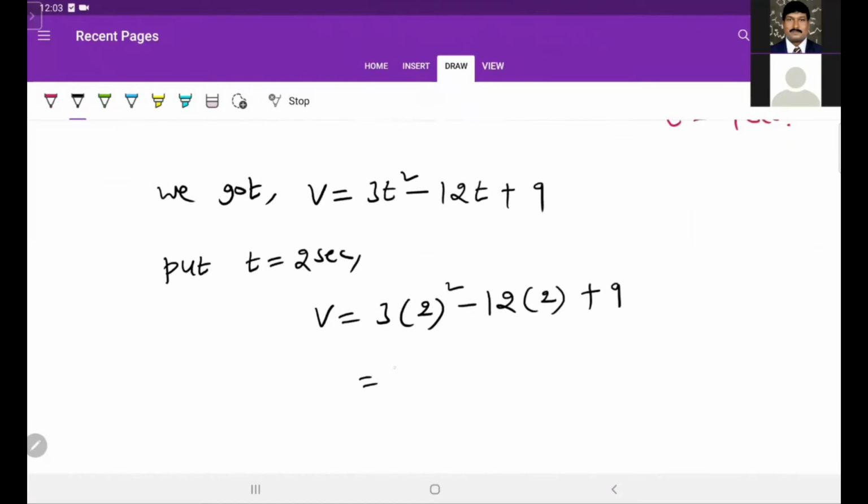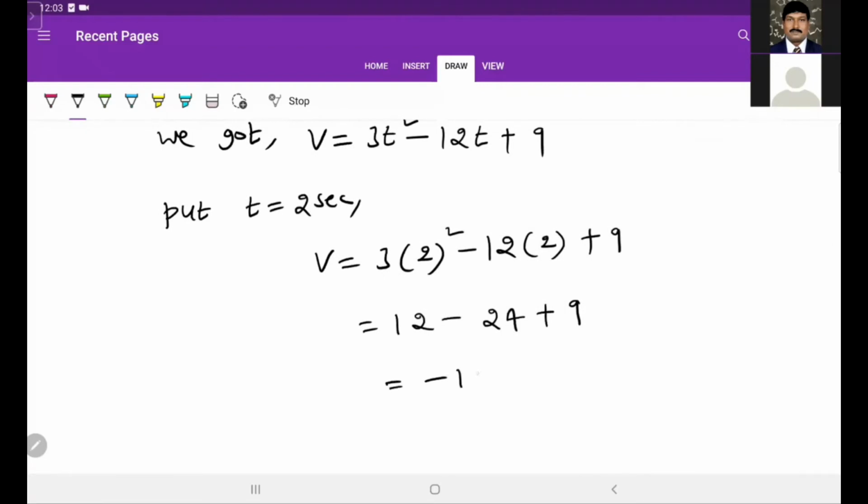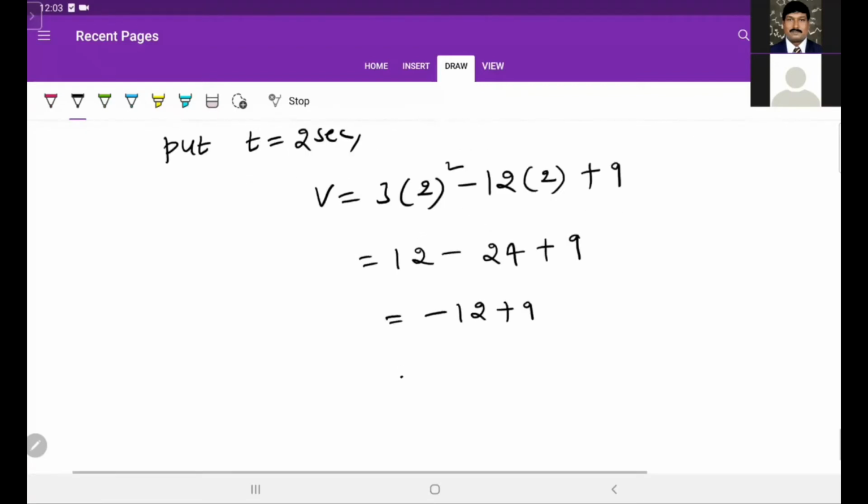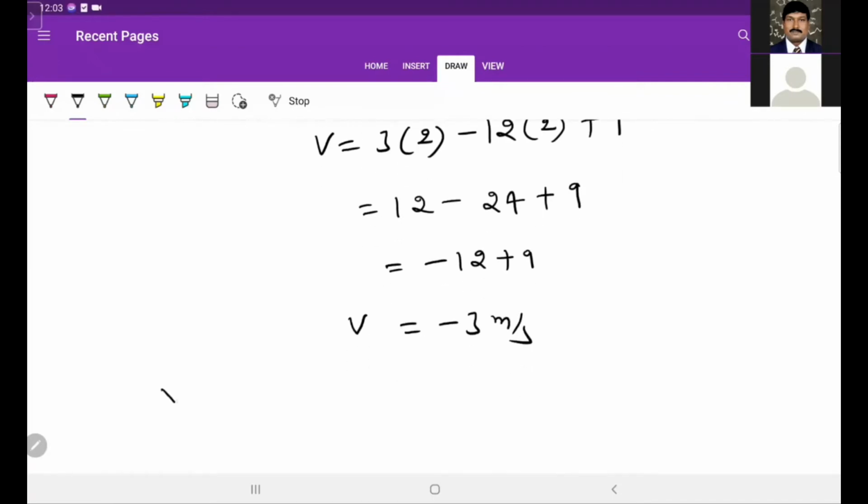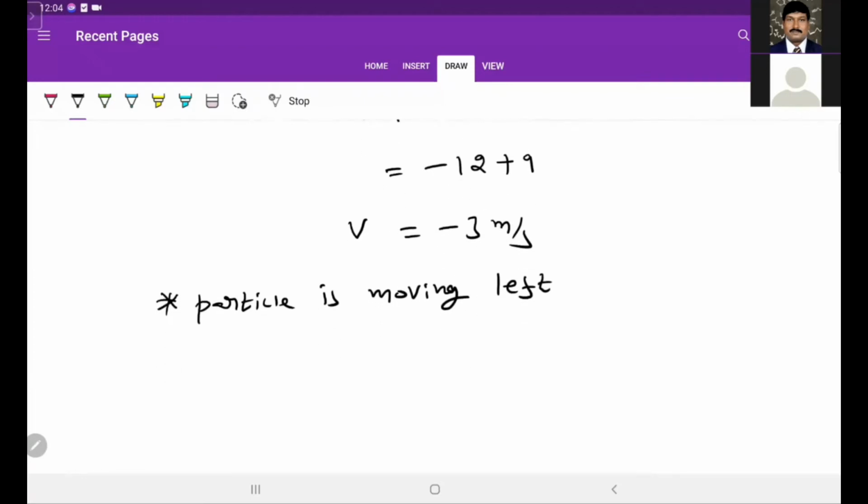So we get 12 minus 24 plus 9, so minus 12 plus 9. So minus 3 meter per second. That means the particle is moving left side. The negative sign tells the direction.